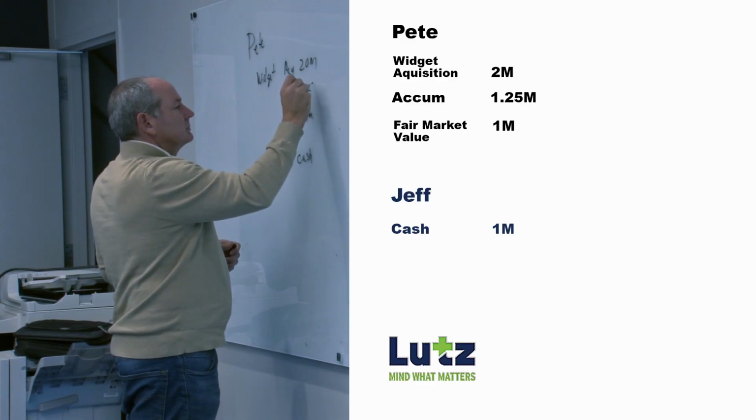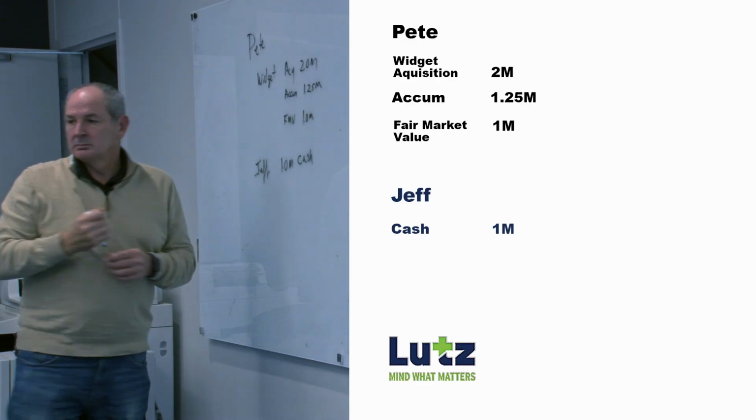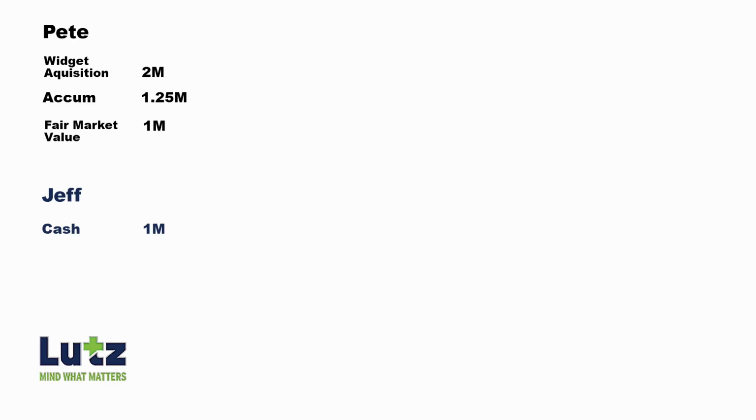Can you guys tell me what depreciation goes to Jeff and Pete? Is it a 5-year asset?